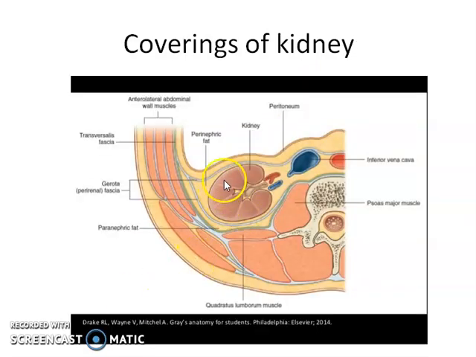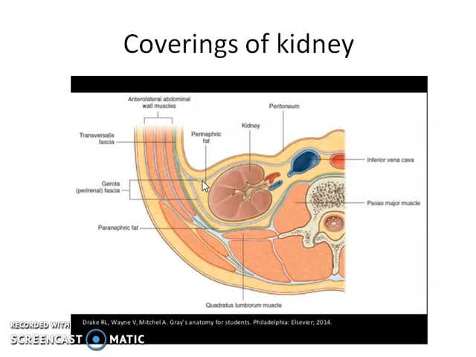The coverings of the kidney from within outwards are four layers. One is the fibrous capsule, also called as the true capsule. Then comes the perinephric fat area, which is also called as the adipose capsule.